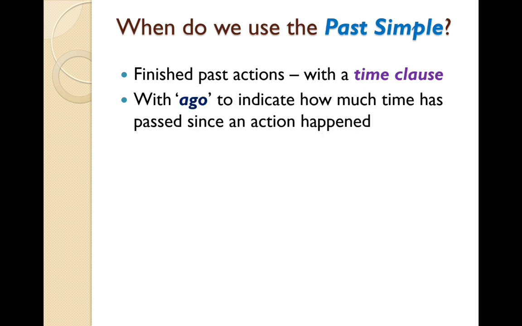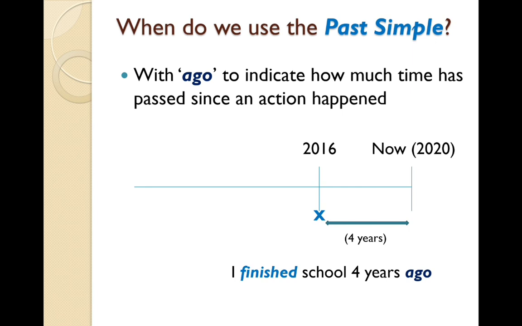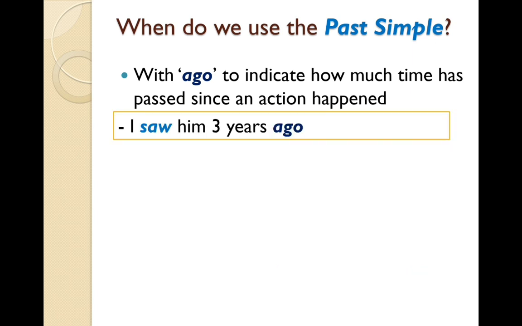We also use the past simple with ago to indicate how much time has passed since an action happened. I finished school 4 years ago. The action was completed in 2016 and 4 years have passed since that time. I saw him 3 years ago.